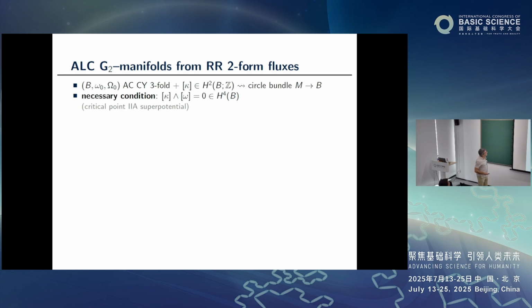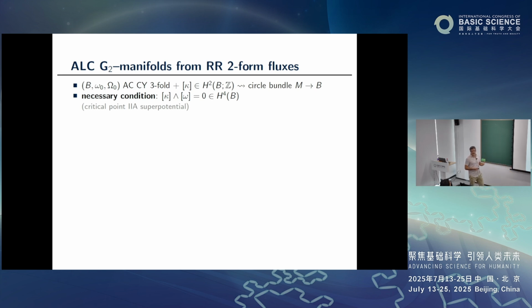Okay, so I'm now going to describe some of our results in this non-compact setting. The first result is where we have a smooth asymptotically conical Calabi-Yau threefold, so smooth but non-compact. I have an integral cohomology class, so I have a circle bundle, and I want to look for basically type IIA solutions with Ramond-Ramond two-form fluxes in this non-compact situation.